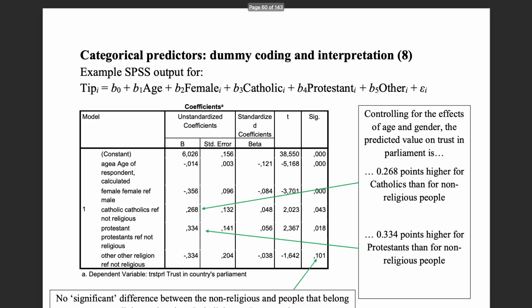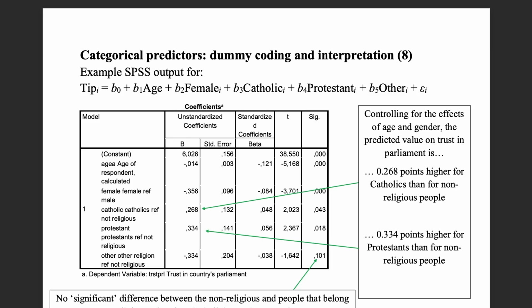And lastly, we also find a coefficient for the other religious denominations. It's a negative coefficient that indicates the predicted value in our sample for the other religious denominations is lower than for the non-religious people, and happens to be lower by the same amount that it is higher for the Protestant people. So that's just a coincidence. So in this case, we see that the predicted value in our sample for the other religious denominations is actually 0.334 points lower than for the non-religious people, controlling for the effects of age and gender on trust in Parliament.